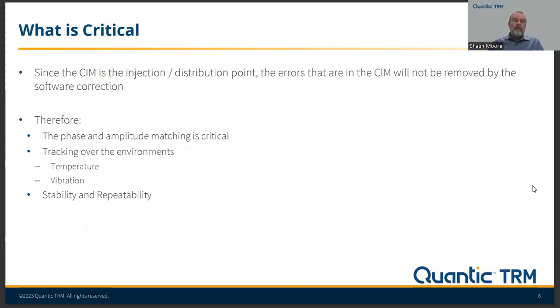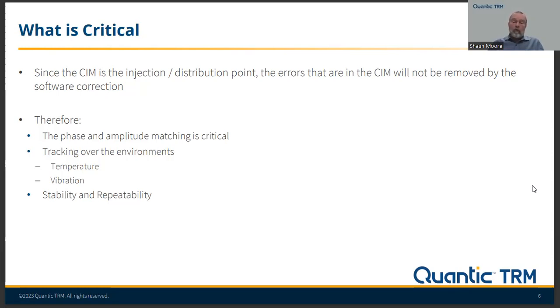Sure. What's really important to understand is that any error that we're going to see in the SIM will not be removed by the calibration routine. Whatever residual error is in the SIM will be baked in, so to speak, to the overall system calibration. So the SIM itself needs to be as good as it possibly can be.